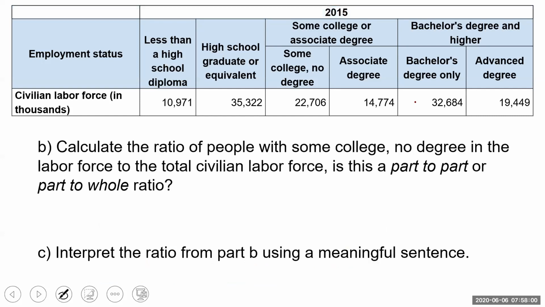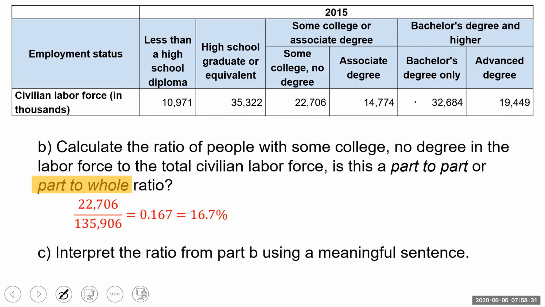Okay, nice. Now, find the ratio of people with some college, no degree in the labor force to the total civilian labor force. Total civilian labor force. Okay, and that is a part to whole. All right, nice. So to the total, so you have to put all these together and divide. Is that okay?